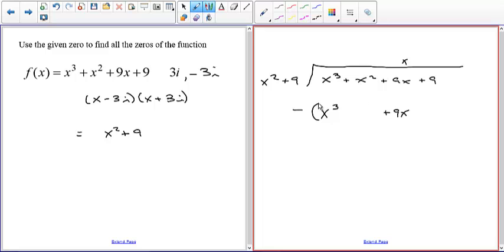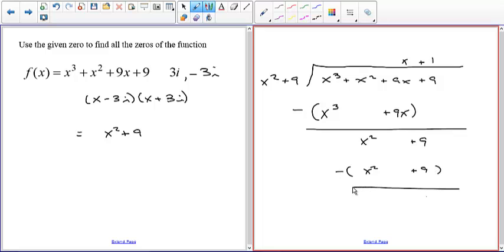I subtract both of those terms from the original polynomial. So this goes to 0, this goes to 0. I'm left with x squared plus 9. What do I need to multiply x squared by to get x squared? The answer is 1. 1 times x squared equals x squared. 1 times 9 is 9. Subtract that, you get a remainder of 0.